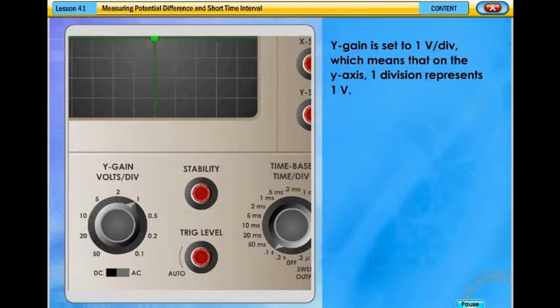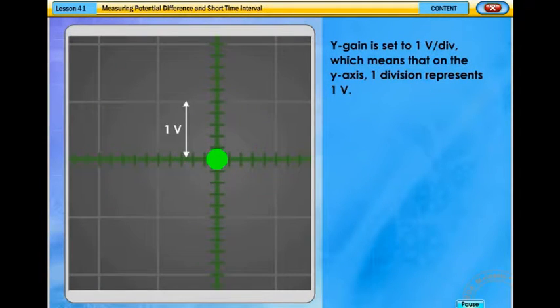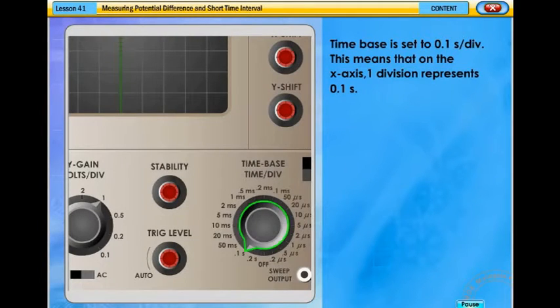Y gain is set to 1 volt per division, which means that on the y-axis, 1 division represents 1 volt. Time base is set to 0.1 second per division.